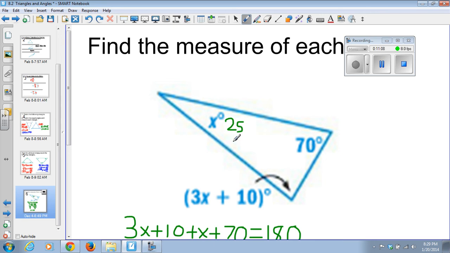So we know 25 plus 70 equals 95. So this here better equal 85, because that'll give us a total of 180. So 3 times 25 equals 75, and 75 plus 10 does indeed give us 85 degrees for that angle measure.